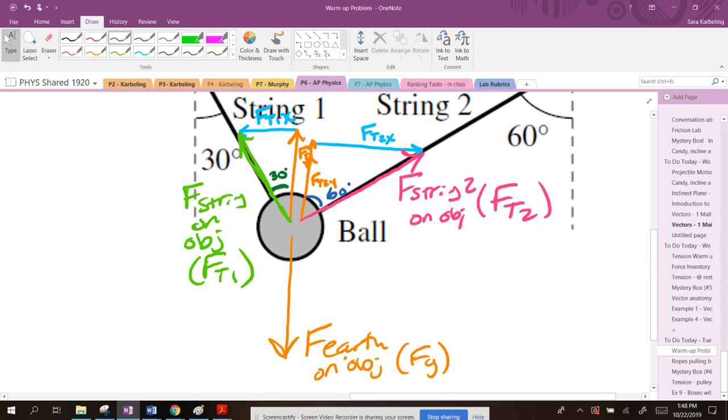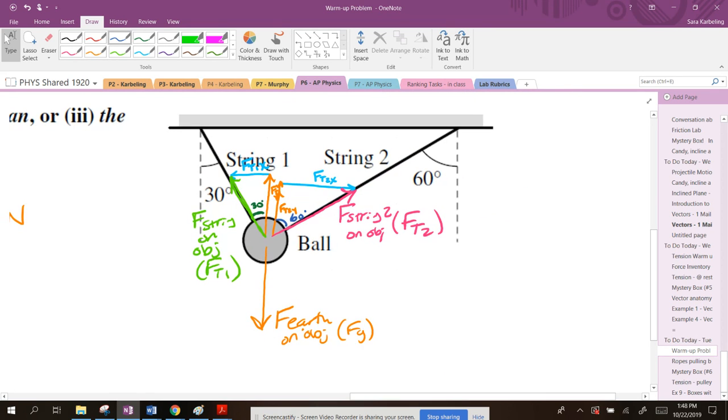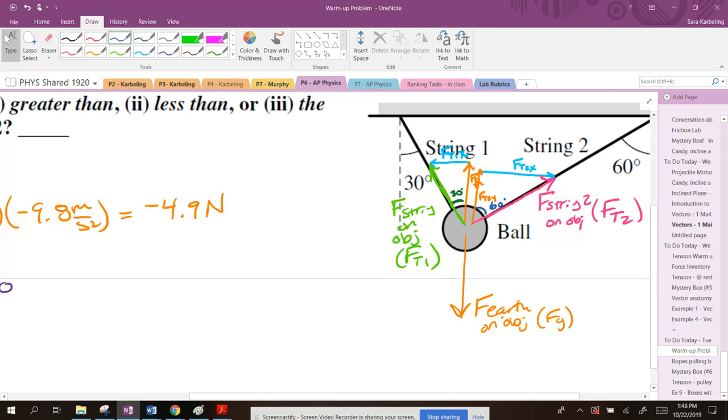I mean, you know one of those values, right? F2y would be 4.9. So this orange one plus this orange one. Is that what you're asking? I think what you're wanting to do is writing some FNet equations. He wants to write FNet equations, but not saying it.